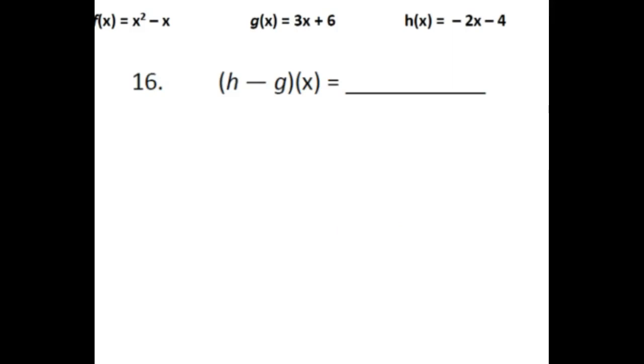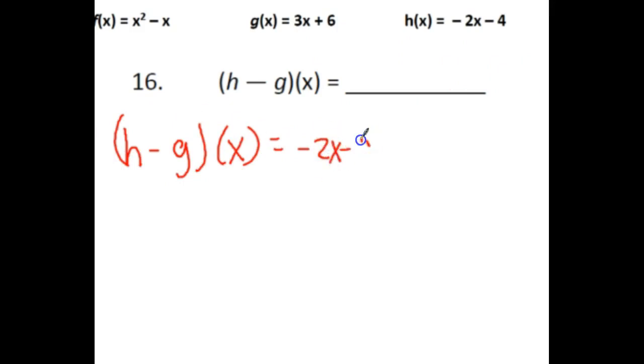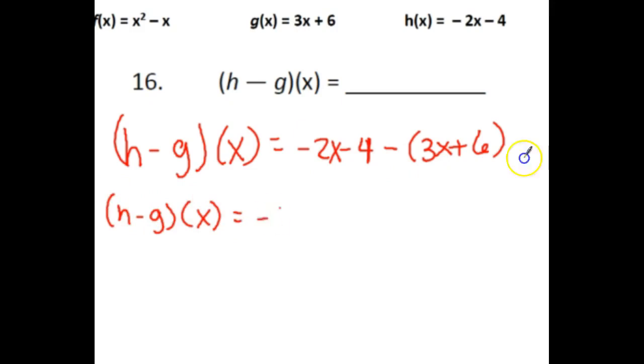So what is this asking me to do? Write down the function h, write down the function g, and subtract them. g is minus 3x plus 6. Once again, you are going to distribute the negative.